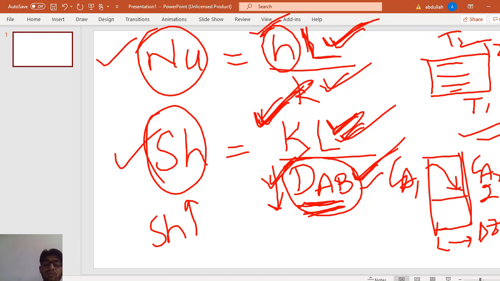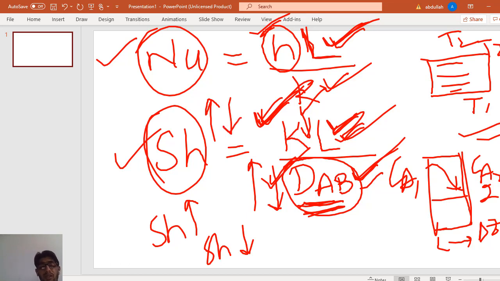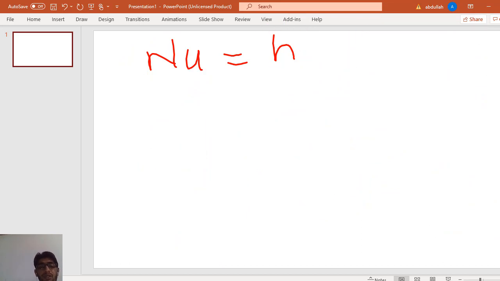If the diffusivity is very high, then the Sherwood number will be very small. If the convective mass transfer coefficient is very high, the Sherwood number will be high. If it is low, the Sherwood number will be small. So the Sherwood number is a dimensionless number, and it is very important in mass transfer.